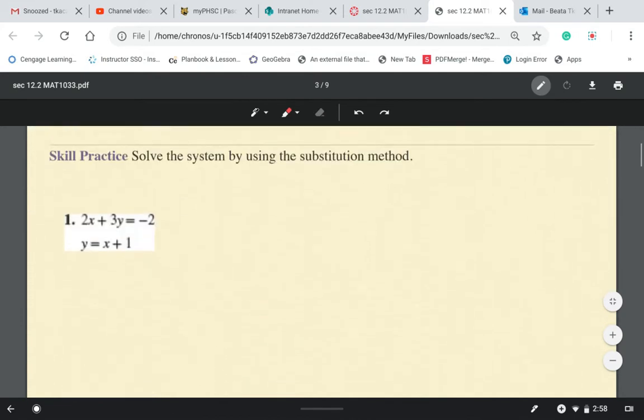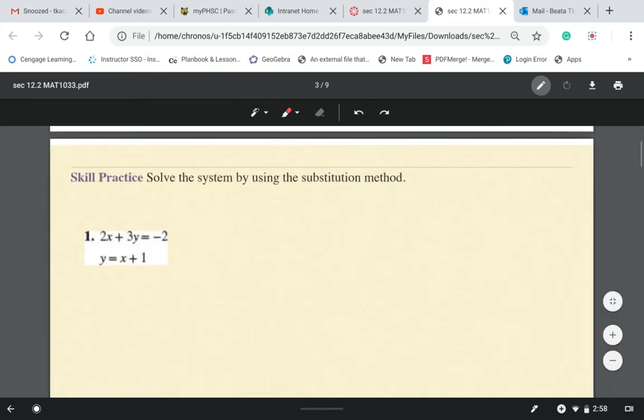Next, we're going to practice how to solve systems of equations using the substitution method. Let me go over this problem. On your PowerPoint, it hasn't been solved, so I'm going to solve it with you guys. Again, this is a system of equations. I like to label my equations, so this is equation 1, this is equation 2.